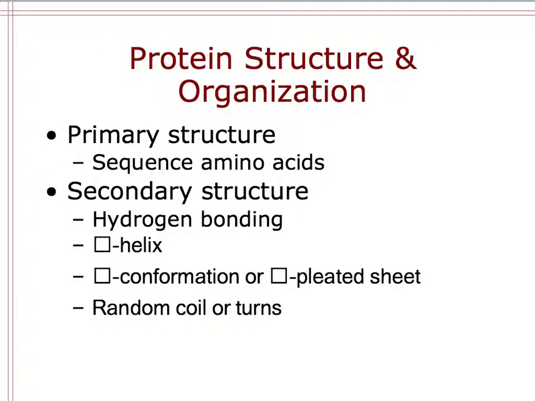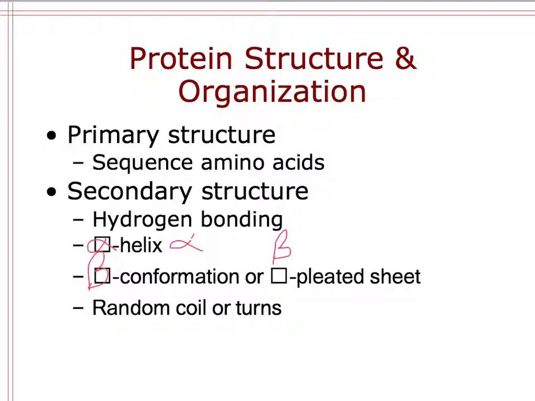As we look at secondary structure, we have some different levels, and I apologize, a few of the symbols didn't come out here in my slide. The first is hydrogen bonding, and then alpha helix, and then beta conformation or beta pleated sheet. I'll put the little beta symbol and alpha helix. I wrote it on top of there, but a little more clear here, the alpha sign.